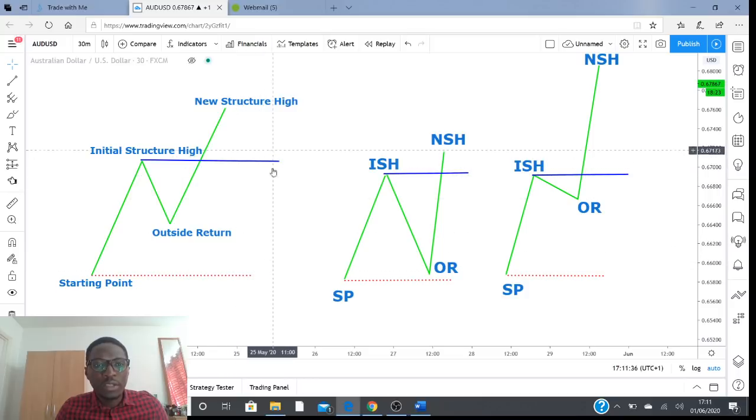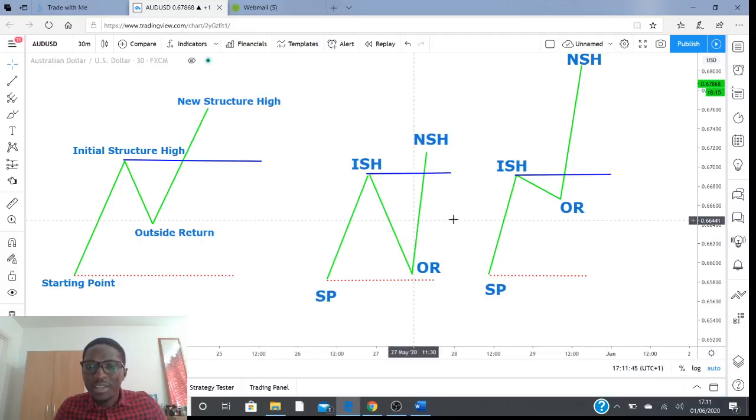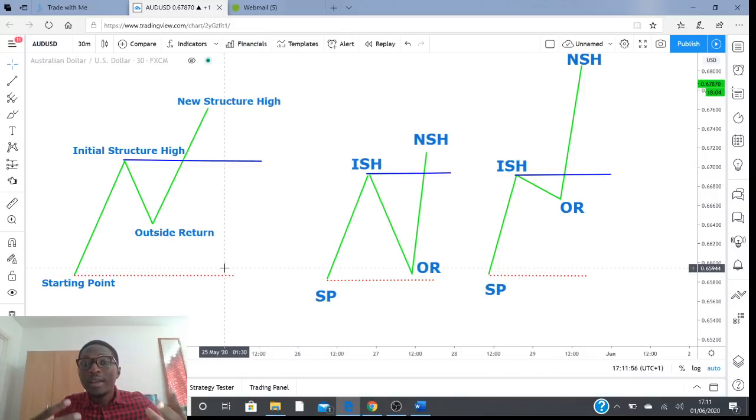If it wasn't for this rule, a lot of people would look at these pictures and say no, they're not the same, but in actual sense, all these 3 pictures are identical in an imperfect way. This rule helps you see that this is a bullish structure, this is a bullish structure.